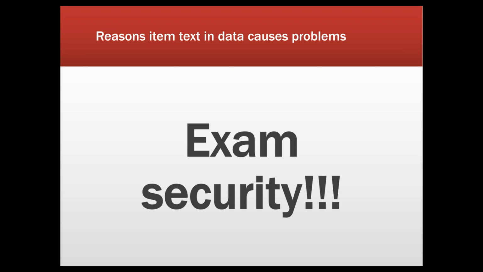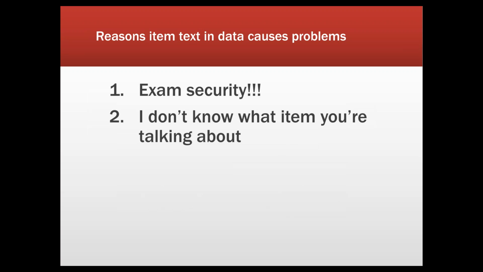So you don't want to be sending us spreadsheets that have all of your item text, and more importantly, you don't want annual reports with your item text, because those are going to be the easiest things for people to steal or copy and send to other people. This is ameliorated by simply using an item ID, because an item ID doesn't tell anybody outside your organization anything about your item.